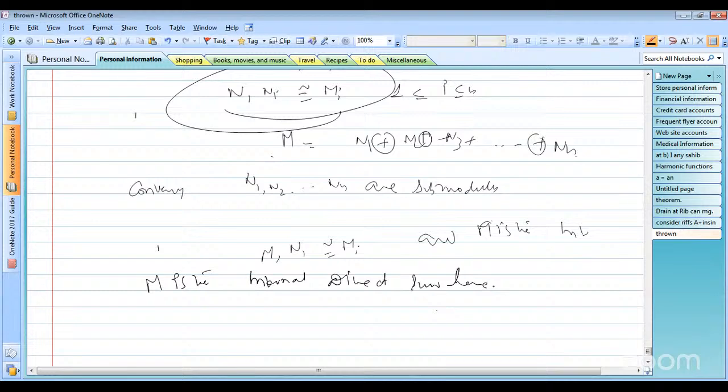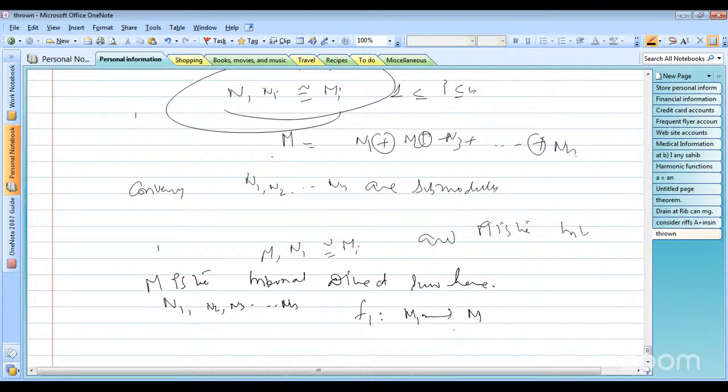So therefore N1, N2, N3, and so on, Nn we are taking here. So therefore let Fi be the map from Mi to Ni. So Fi from Mi to Ni, sorry, Mi to Ni.